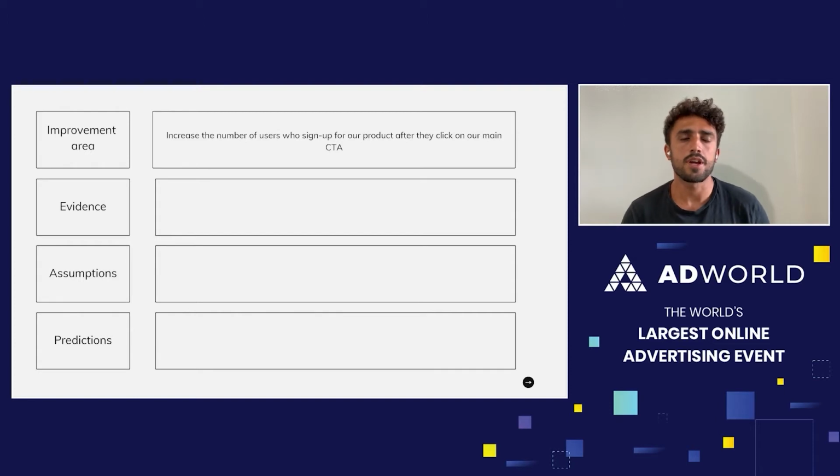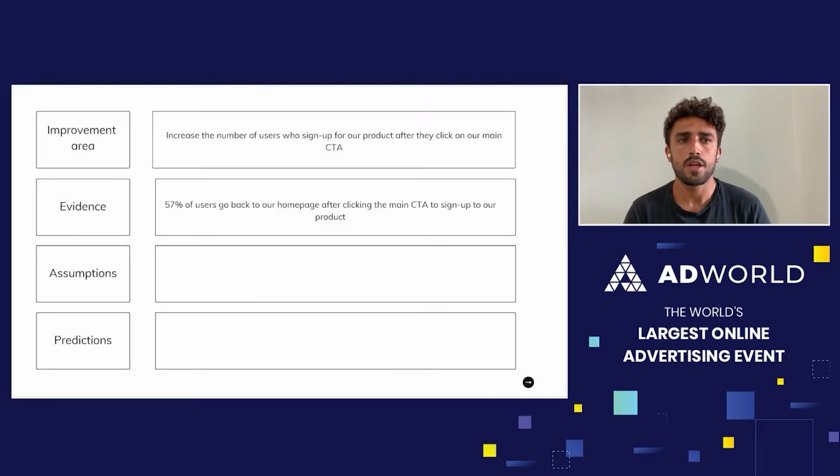After we identify this, we need some sort of evidence that shows us this is a worthwhile investment. And that's where you fill out the evidence piece. In this area, you can collect qualitative data, you can collect quantitative data, it can be prior experiments you ran, or some observations that will back our overall experiment.